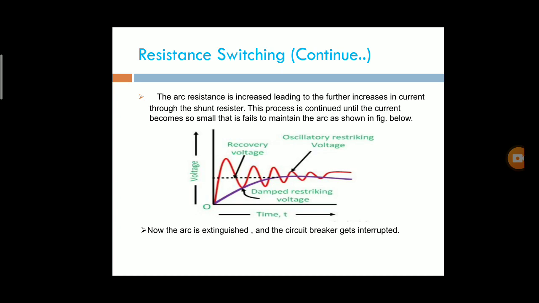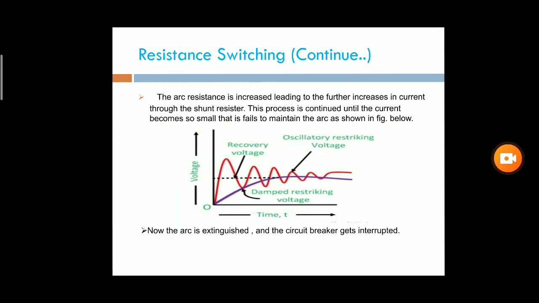The value of resistance used for resistance switching may be of the order of thousands of ohms. Resistance switching is used for the reduction of high arcing voltages, and that will be explained in resistance switching.